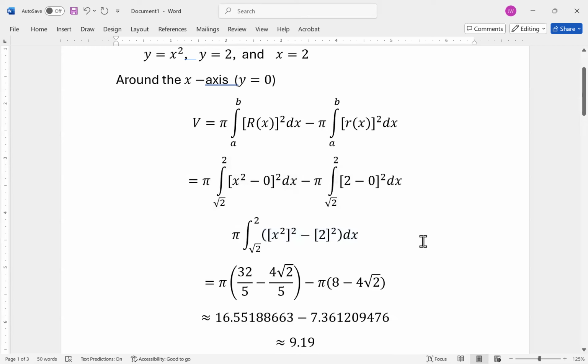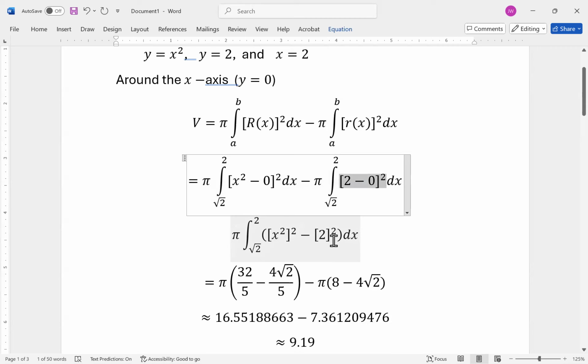So if you'd like to, you can combine these two by just saying the argument is now this minus this. Make sure you square both pieces and you're not squaring just the subtraction of x squared minus 2, but you're squaring the x squared and you're squaring the 2 separately.